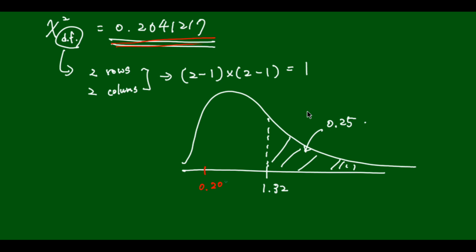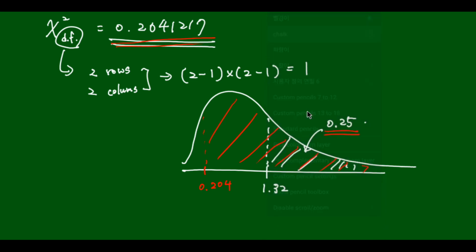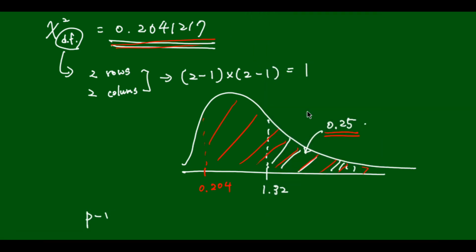So this is the p-value that corresponds to my test statistic, and I know this 1.32 corresponds to 0.25. Then what I can say is my p-value is larger than 0.25, right?